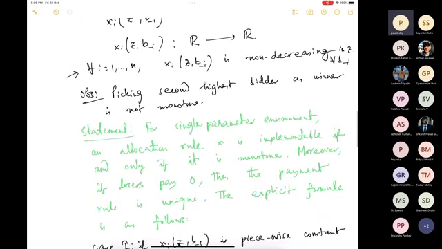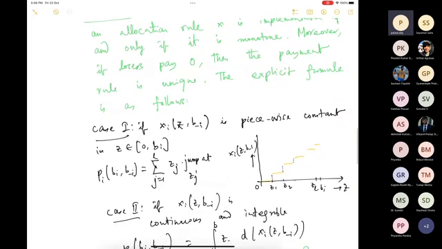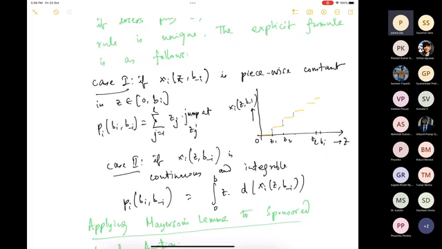So that is monotonicity, and not only that, Myerson's lemma says that if the losers pay zero, then the payment rule is unique. And moreover, the payment rule can be given as an explicit formula. We have seen two special cases. When the allocation function xi is a piecewise constant function, the payment for player i is given by this formula: you look at all the jumps and multiply the place of the jump times the amount of the jump.